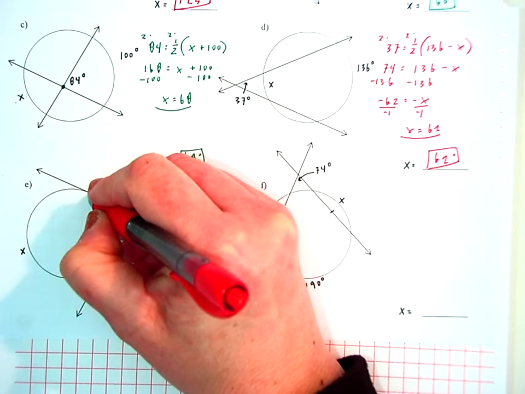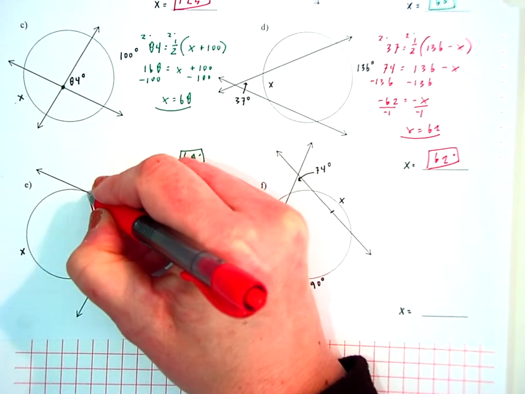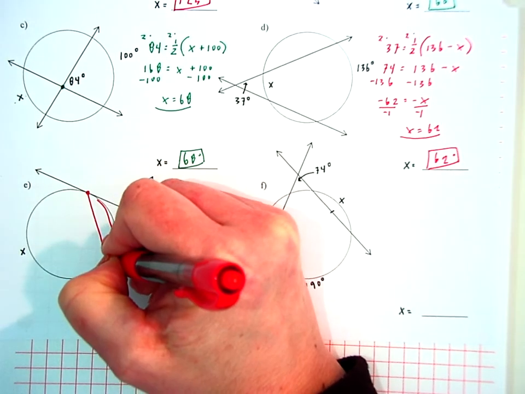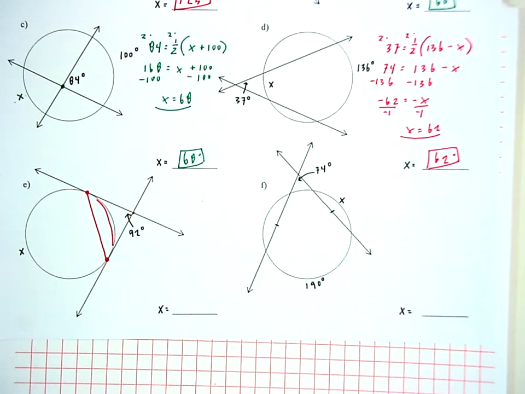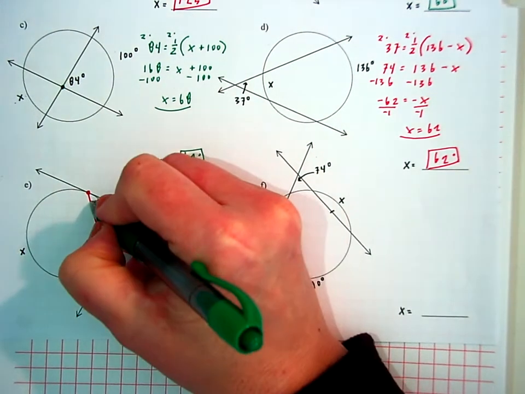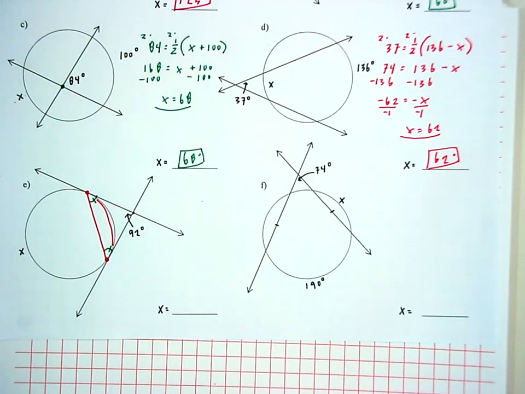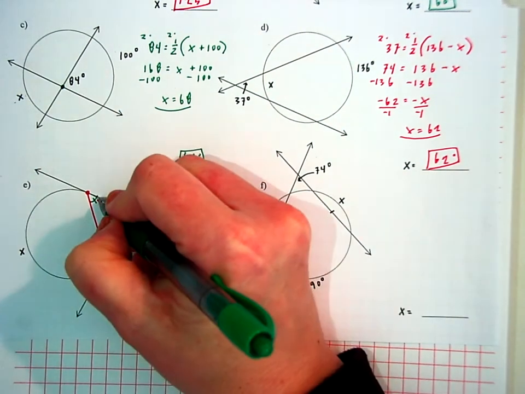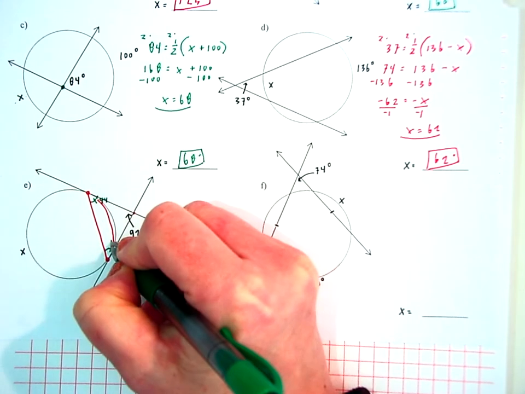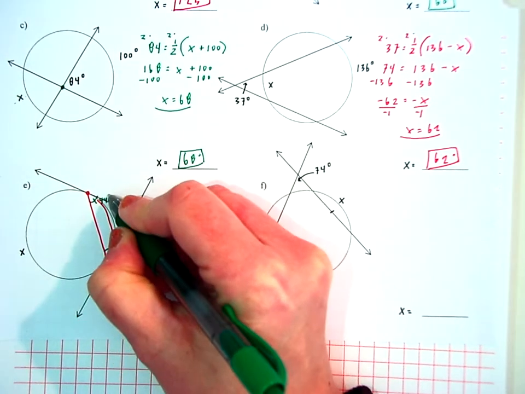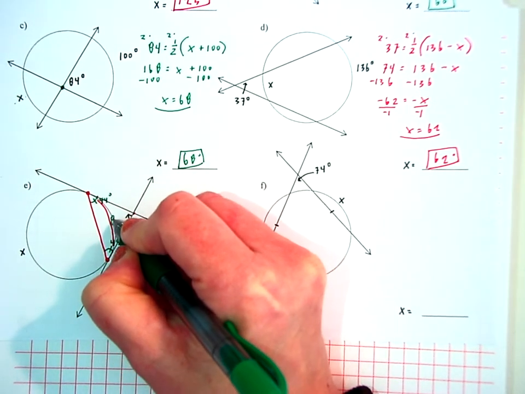Because here I could connect those 2 points of tangency, okay? And then no matter what, remember that these two angles are going to be congruent. So I've made my triangle. I know that 92 degrees is already occupied. That's my vertex angle. I'm left with 88 degrees, which would split two ways, making this angle here 44 and 44 degrees. So that arc that I wanted, that is 88.